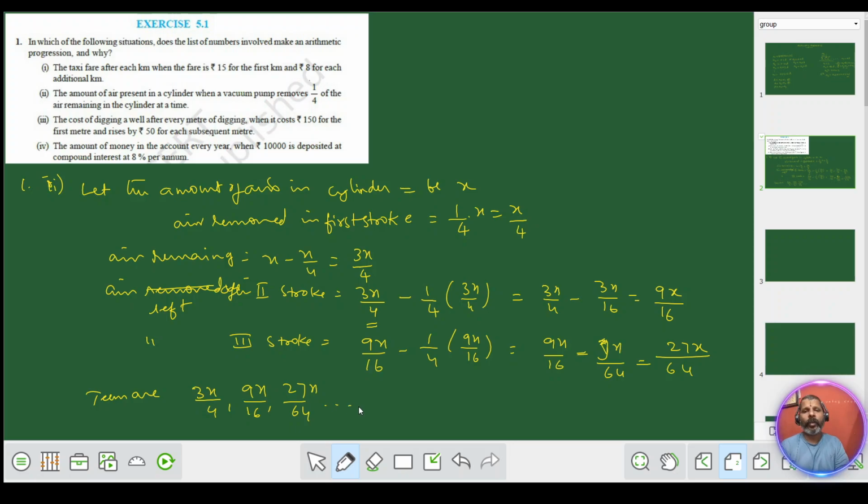Now we have to find the common difference for these terms. If it comes constant, then we say this situation is in AP. So let's see. D is equal to 9x by 16 minus 3x by 4. Or okay, the first term is initially x, right? So my mistake here.